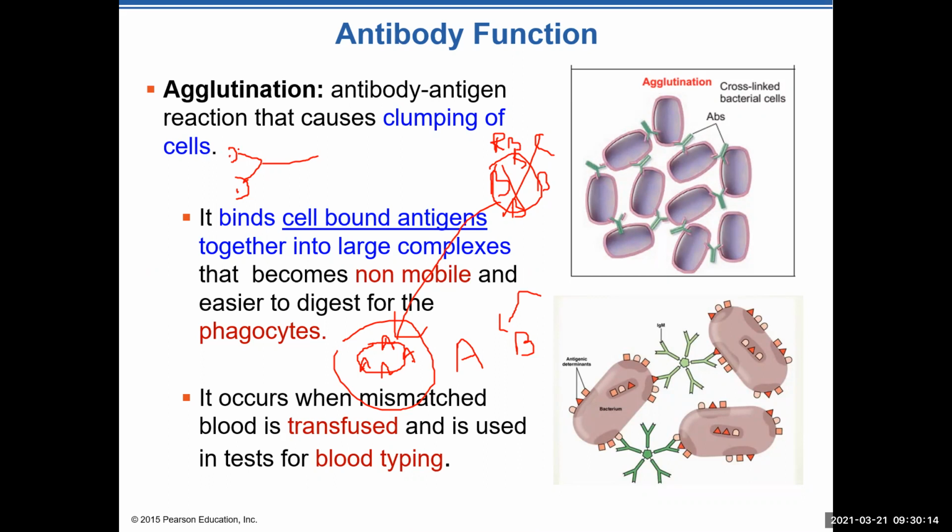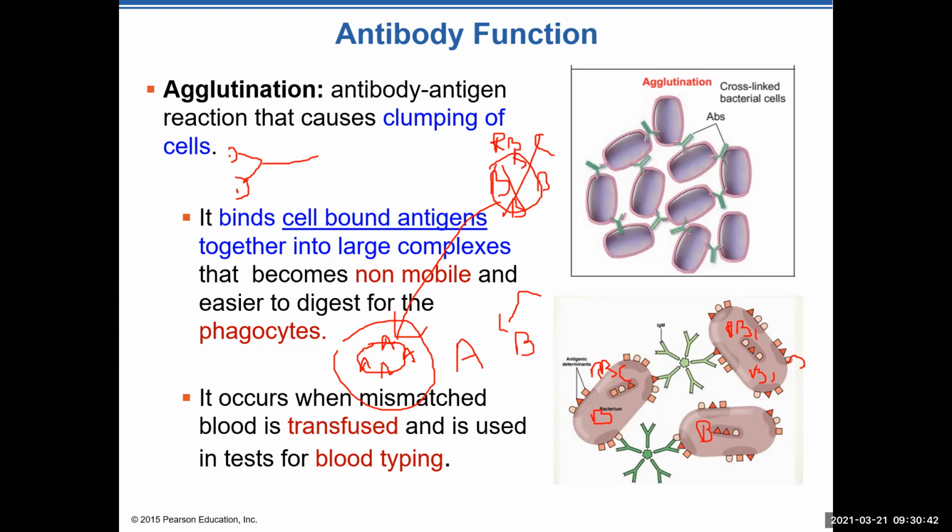As you can see here, this is an antibody, this is an antibody, and this might be the RBC which I got from the other person when I was given blood group B, with B antigen, B antigen, B antigen, all B antigen on the plasma membrane, but my blood group is A.